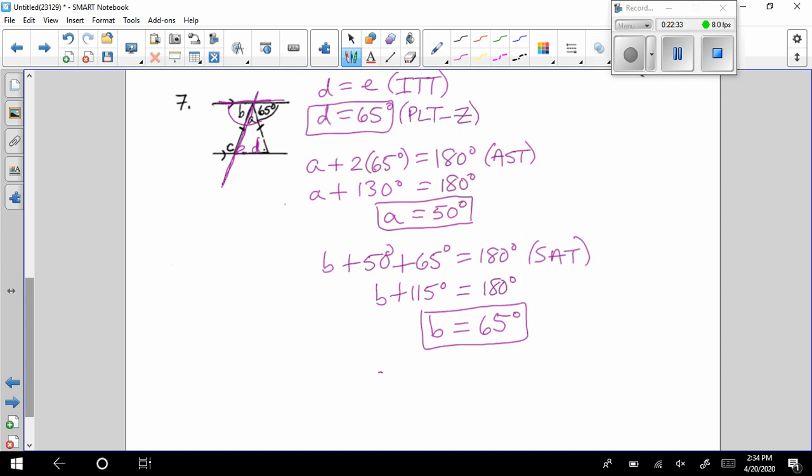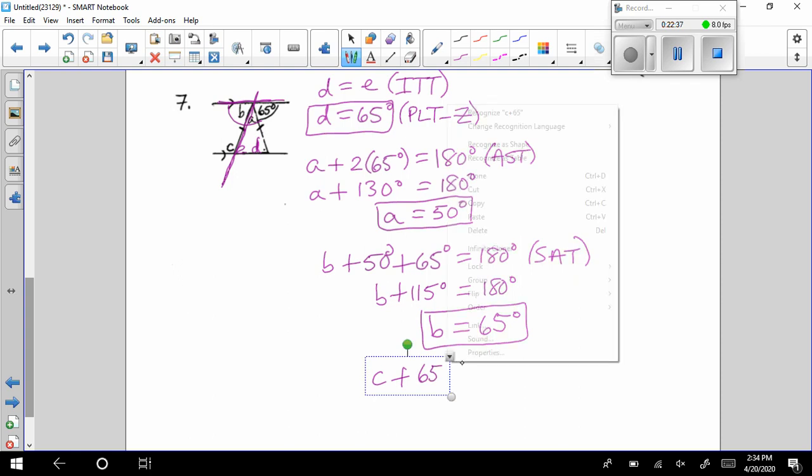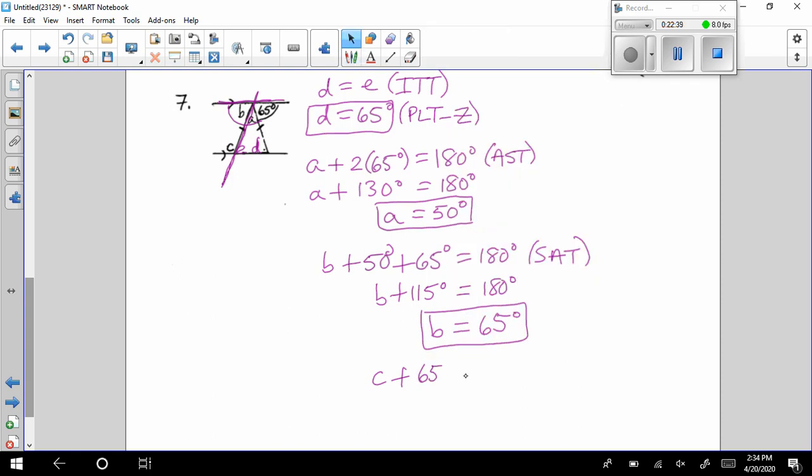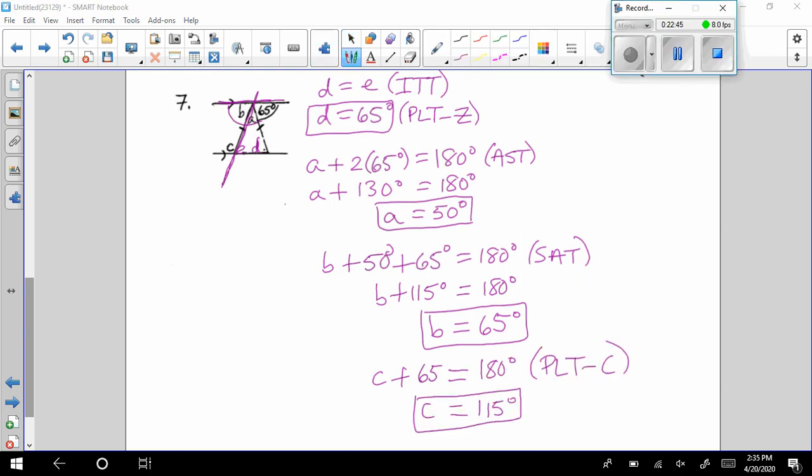So angle C plus angle B, which is 65 degrees, C plus 65 equals 180 degrees because of PLTC. Those are interior angles. And C equals 115 degrees.